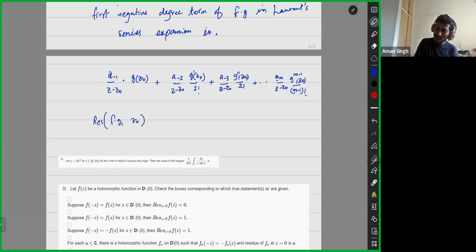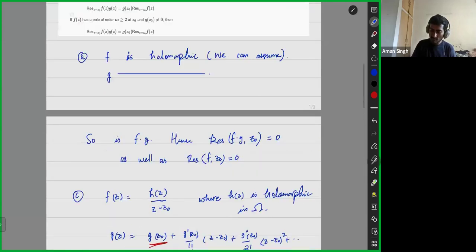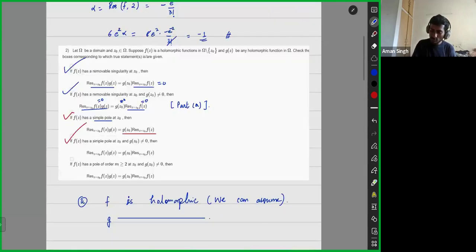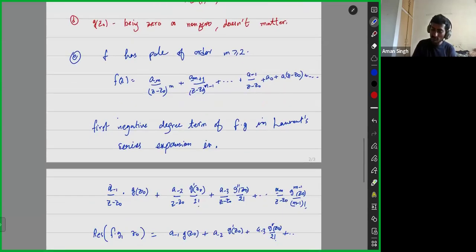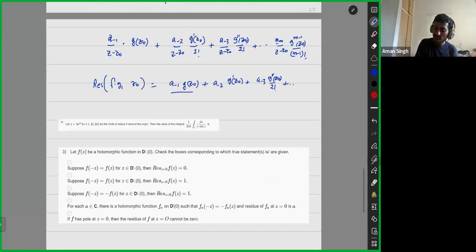What will that be? a minus 1 g of z naught plus a minus 2 g prime at z naught plus a minus 3 g double prime at z naught by 2 factorial, and so on. Some big number. And what they're saying is, is the residue of f into g at z naught equal to this number?